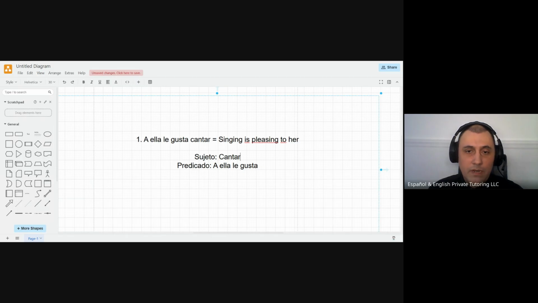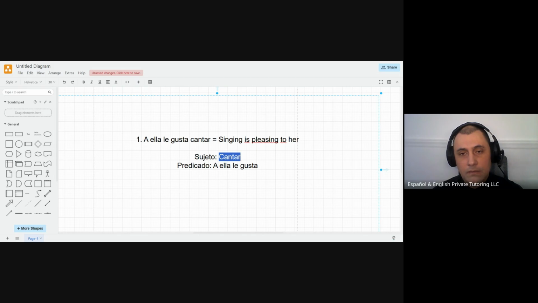In other words, they are verbs that are not conjugated. In English, it's like saying to sing, to eat, to dance. Those are verbs that are not conjugated. So we can use the infinitive to transform a verb into a noun.